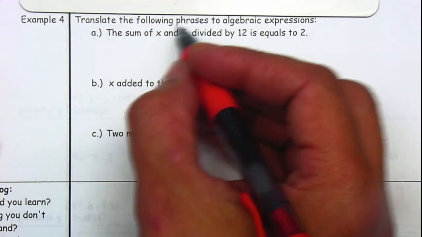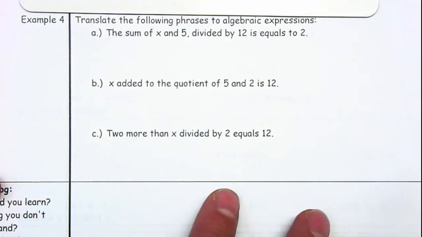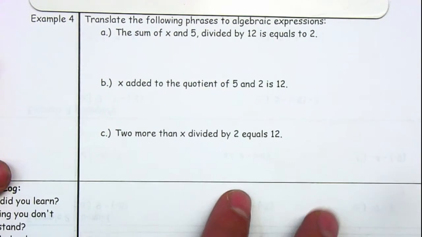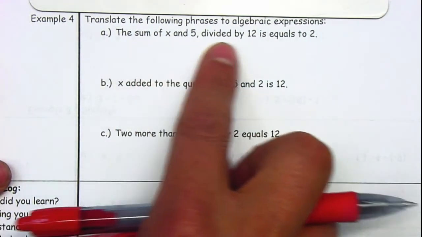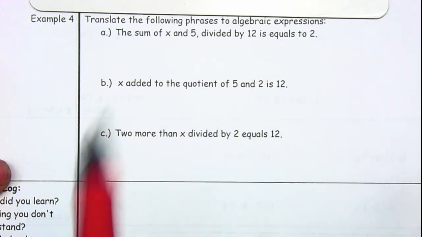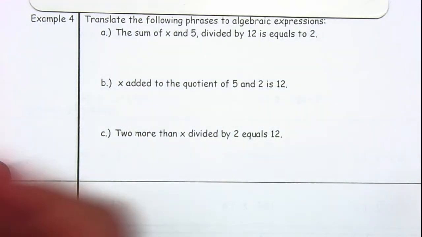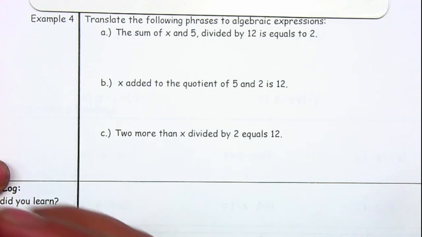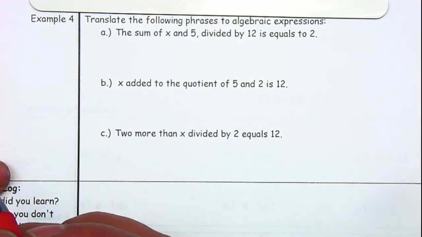So for example number 4, we are going to translate the following phrases to algebraic expression. This should also be a review, and you want to be able to read the sentence carefully, and with your red pen, circle the words that are going to give you some type of operation within your expression.